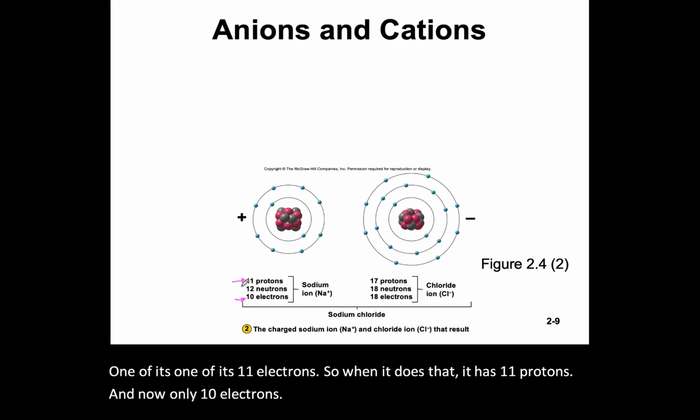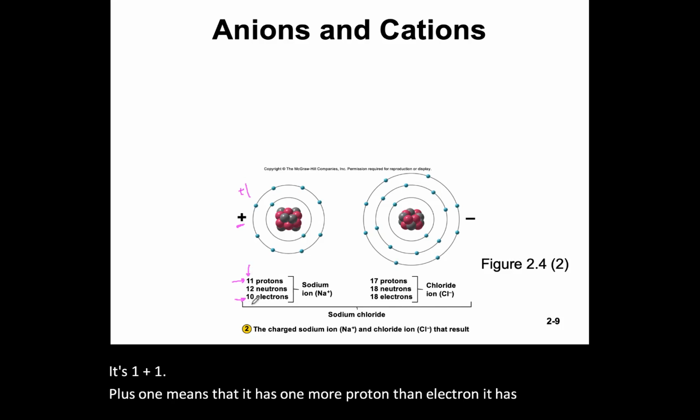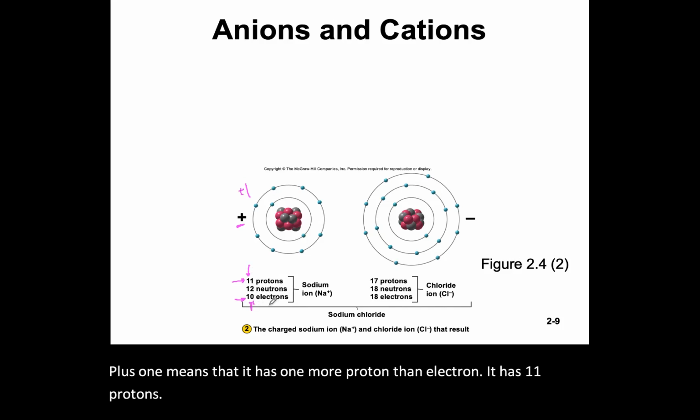It has one more proton than electron, which means it's 1 plus or plus 1. That plus 1 means that it has one more proton than electron. It has 11 protons and 10 electrons.